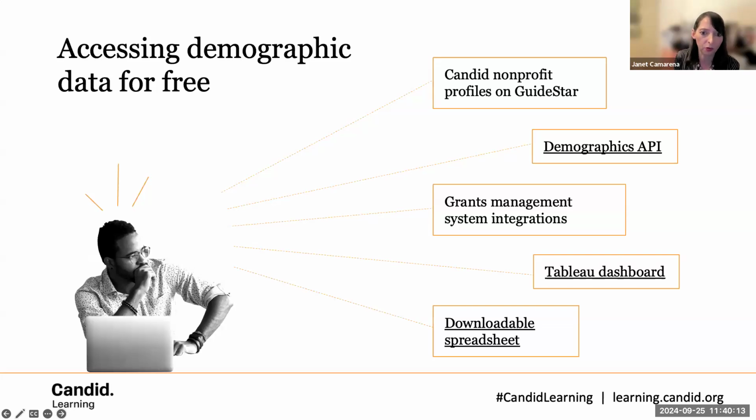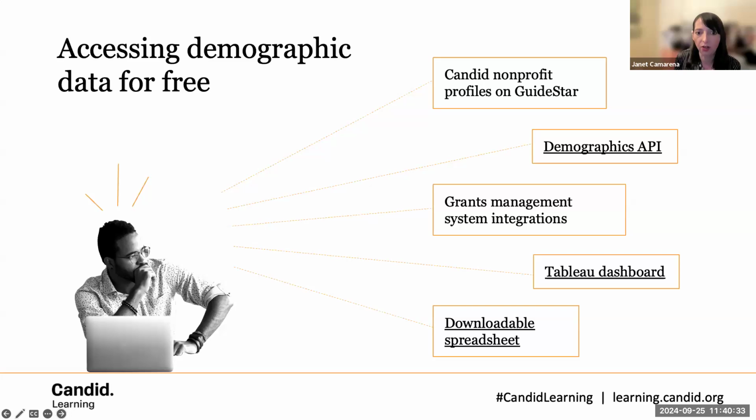Next slide, please. The first way you can access demographic data is simply by registering for a free account on our GuideStar platform. And Candid's GuideStar contains the comprehensive information on nonprofits that Tracy's been talking about. And as part of the free profile, it also means you can easily view the demographics of any charity that has submitted this data through their Candid profile.